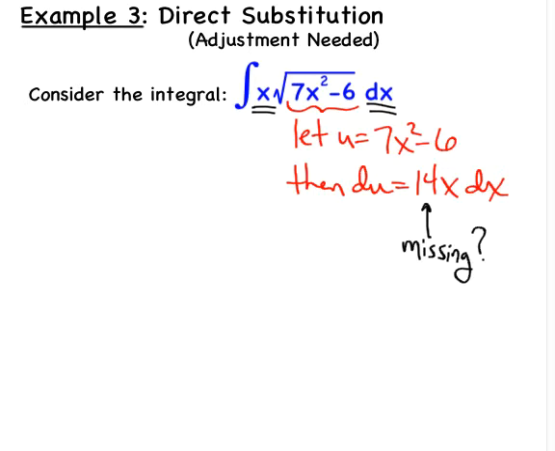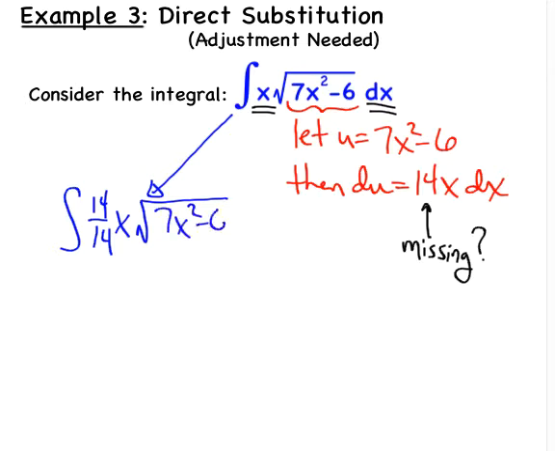If we look at the integral, the number in front of x is 1, and we can rewrite the number 1 into infinitely many forms. In this case, we wanted to involve the number 14. So 14 over 14 is equal to the number 1. Well, I want the numerator of that 14 to stay with my x and my dx, so I can swap it out with du.